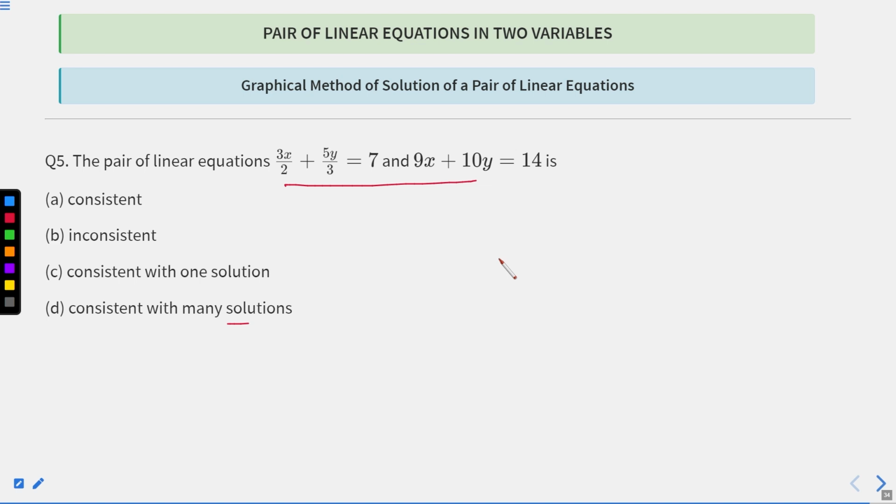You can check by comparing these equations with the general form of a pair of linear equations, and then finding the ratios a1/a2, b1/b2, and c1/c2. Then you can easily say. So this problem is your homework problem.